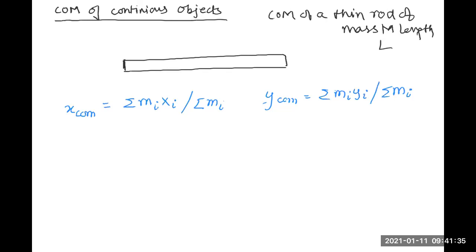So the formula that I have written right now is the formula to find the center of mass of discrete objects.